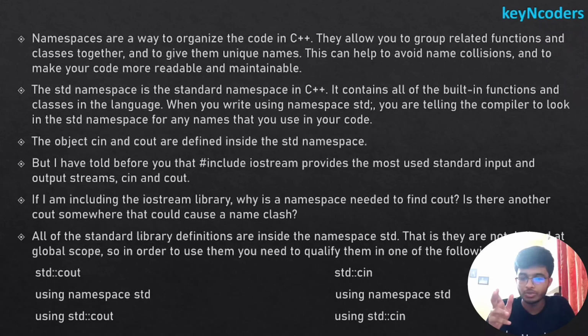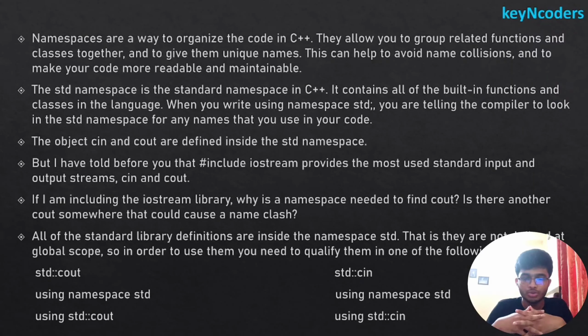You might be confused. Are cin and cout included in the iostream header file or the standard namespace? The thing is, they are included in the iostream header file, but in the standard namespace, the name is defined for that.